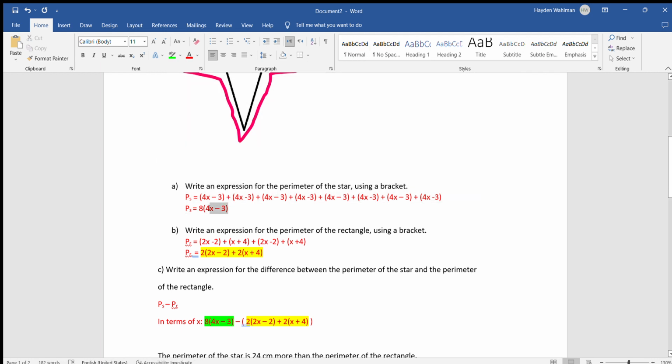So instead of writing PS minus PR, we wrote it in terms of x, and it's the same thing, all right? So both of these answers would be correct, in terms of x or with the P's. Honestly, they didn't tell you to put it in terms of x, so if I were you, I'd just put it in terms of P because it's kind of easier, isn't it?